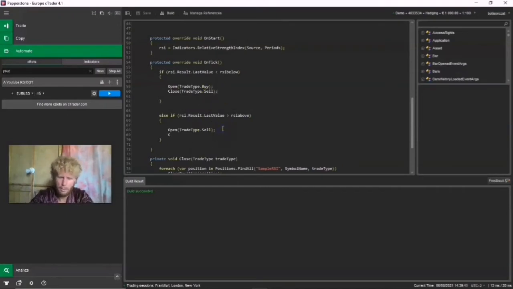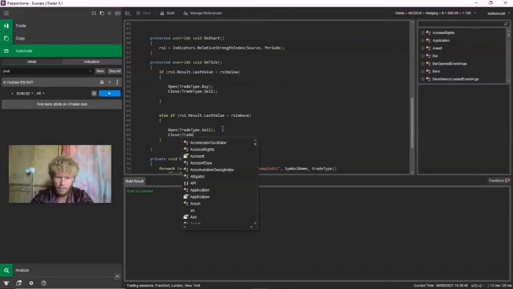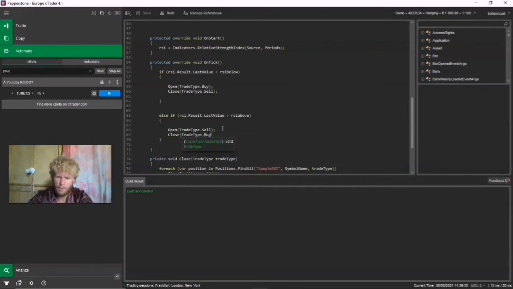You can do that in many ways, but you can do it by reversing the entry strategy. When your bot opens a trade in one direction, your bot closes the other direction straight away, and that is a dynamic exit.